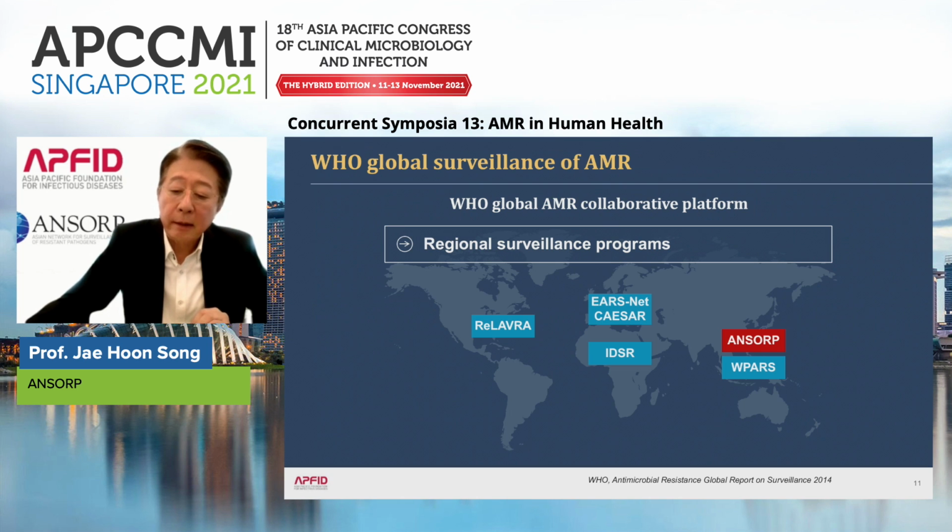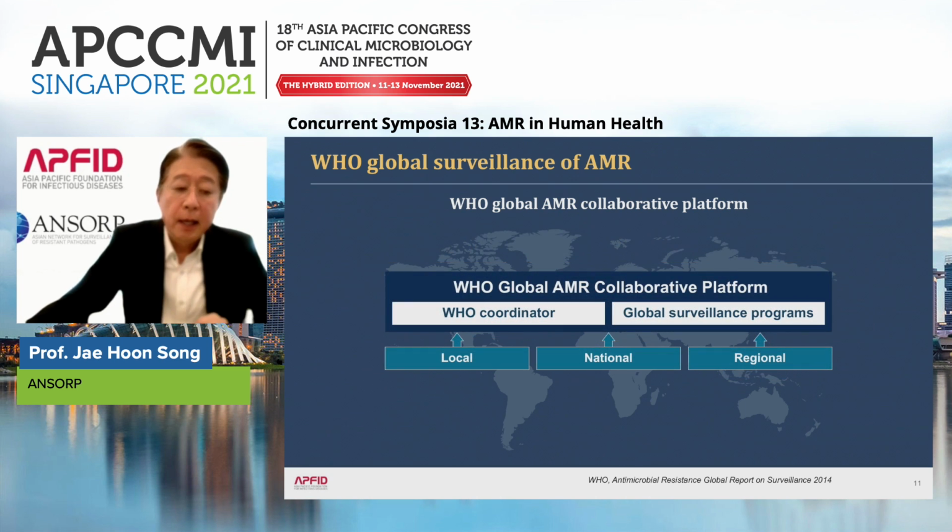So a regional international network is another key factor for effective control and prevention of AMR. We have a couple of international programs of AMR surveillance in different continents, as shown in this map. And finally, WHO wants to establish the global AMR surveillance platform based on these local, national, and regional programs.